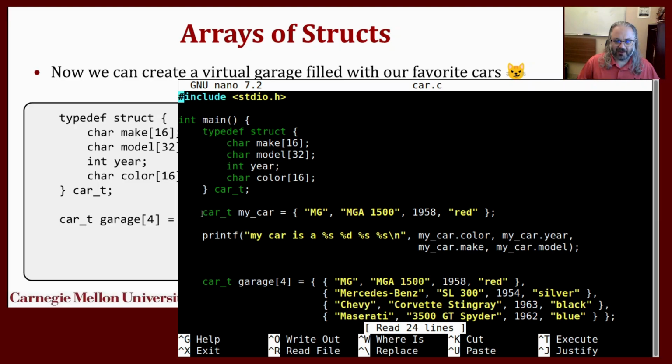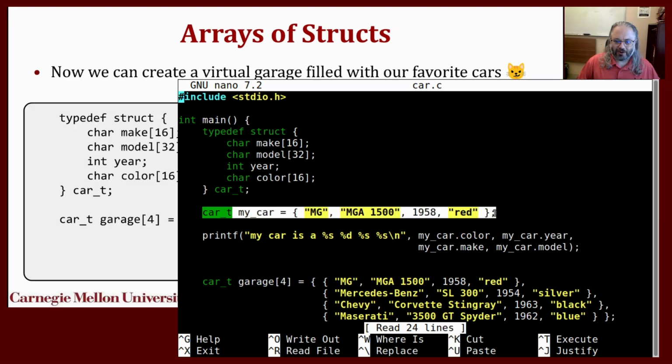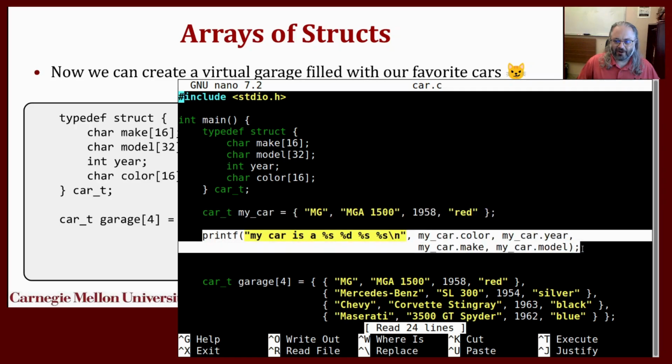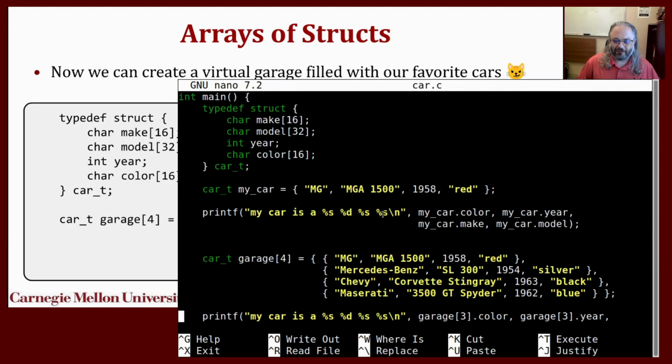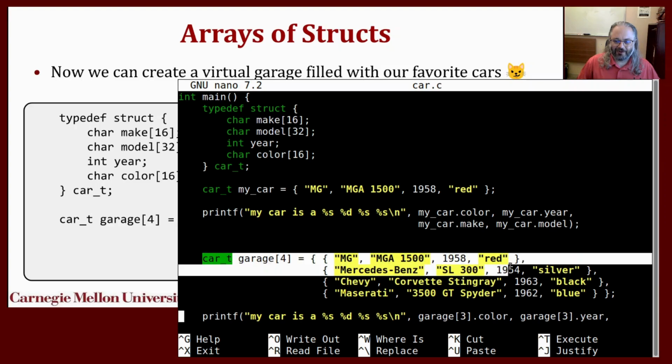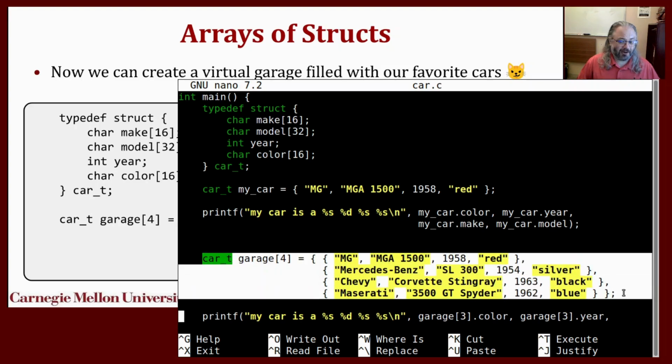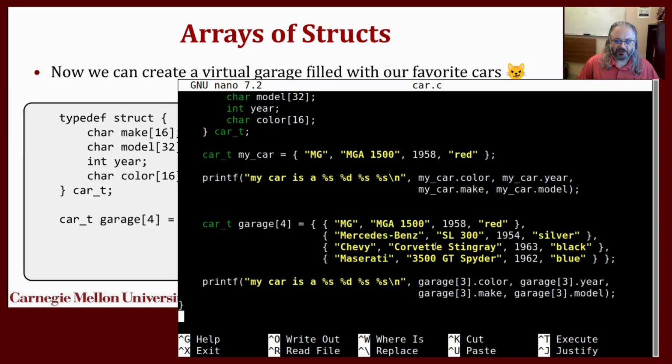I'm then defining my one car, like we did previously, and printing my car is a red 1958 such and such from the previous example. We then have the one line of code defining the entire super fancy 4-car garage, and then showing that we can go into that garage, access one particular car, and print the details of that car as well.